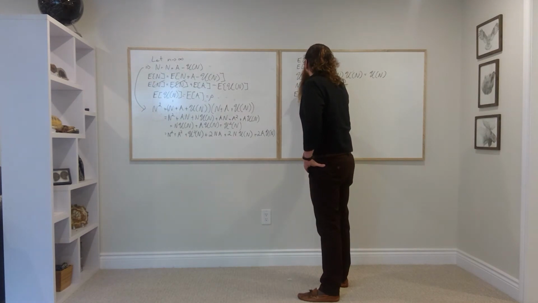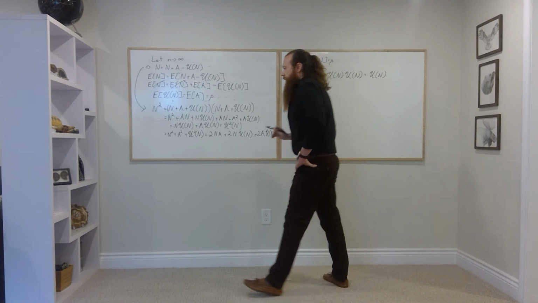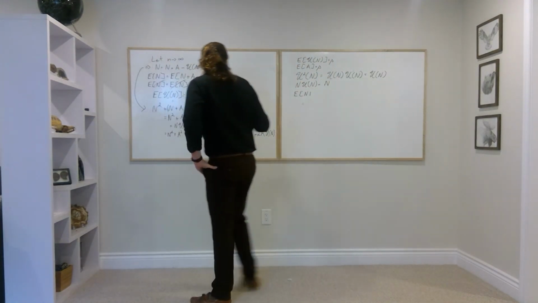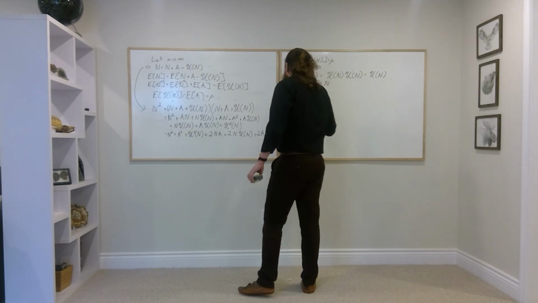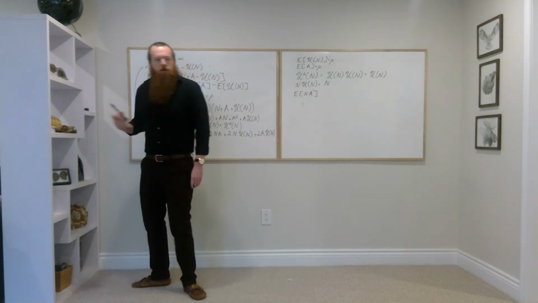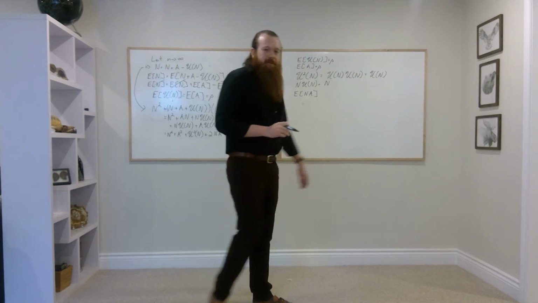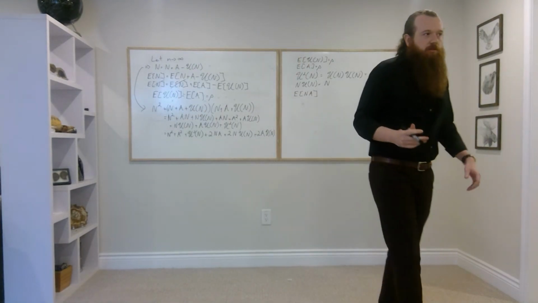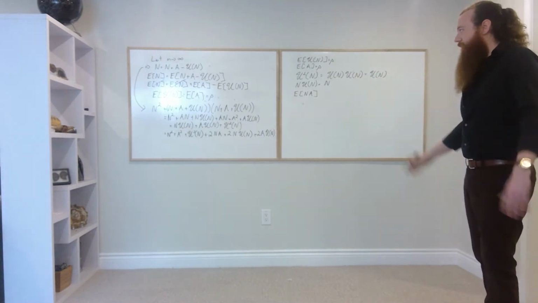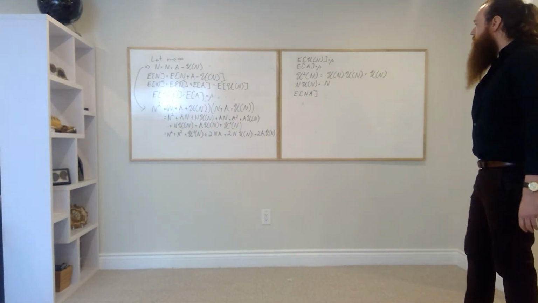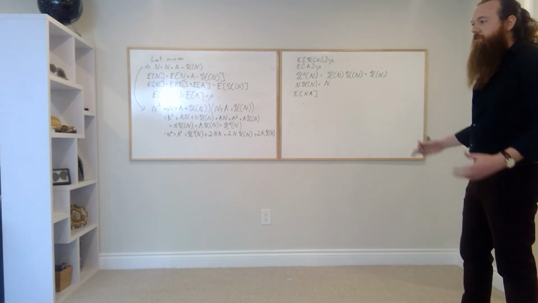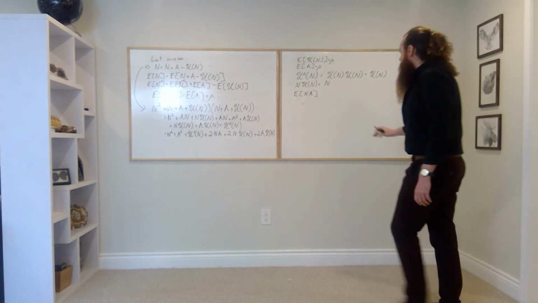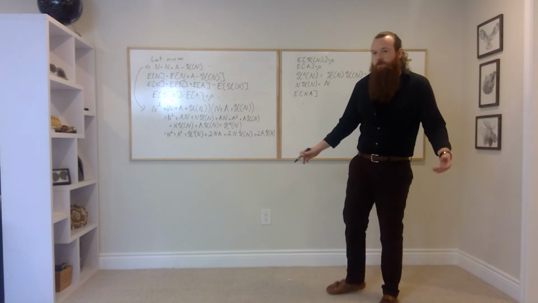And let's think about this. The expected value of n times a. Well, what's a? A is the expected number of arrivals for any service time. That's not actually dependent on n. You think, well, you just give me mu, and that's going to be basically lambda over 1 over mu.